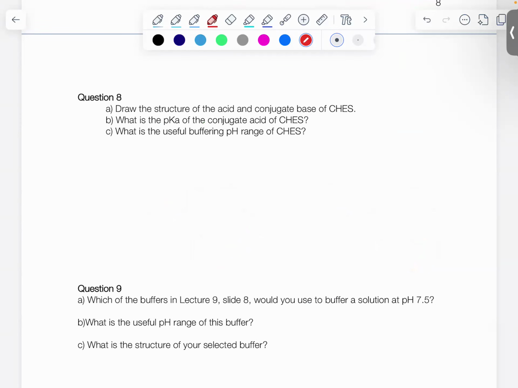So question 8 is a use the internet question. And so we can draw the structure of the chess buffer after looking it up. And this is the acidic form, where our pKa is 9.49.